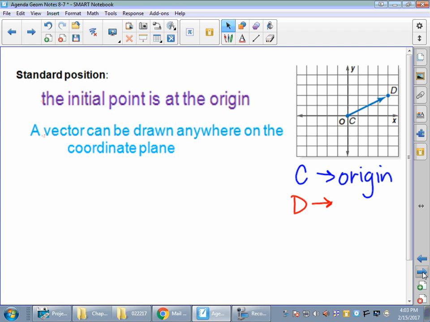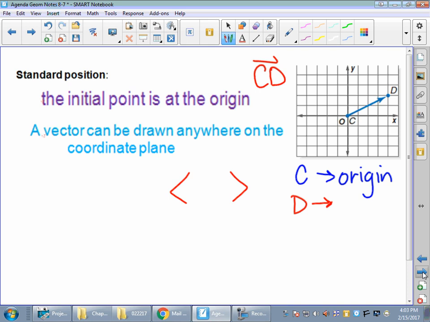So we're going to talk about component form, and component form is easy to figure out when your initial point is at the origin. So we've got vector CD. And if we're going to talk about component form, we just change everything up slightly. Our parentheses that we usually put in ordered pairs become brackets, or these pointy brackets.